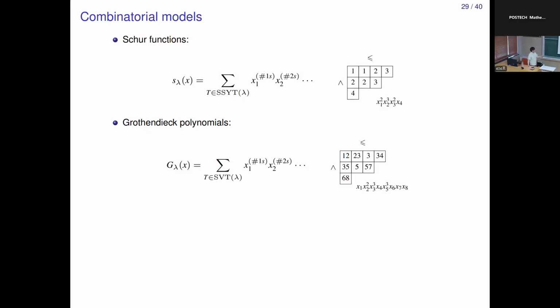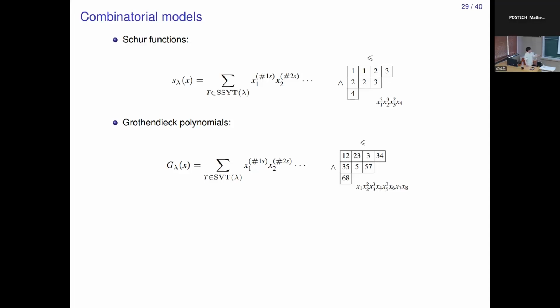So this 1, 2 means the set consisting of 1 and 2. Okay, so this is 2, 3, and etc. But the condition is still the same. If you read each row, weakly increasing, considering all the elements in that set. But if you read each column, must be strictly increasing. So because there is a 2, you cannot have a 2 over here. Okay, and the weight is the same. Number of ones for x1, number of twos for the power of x2, etc.